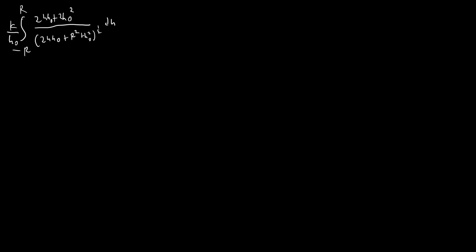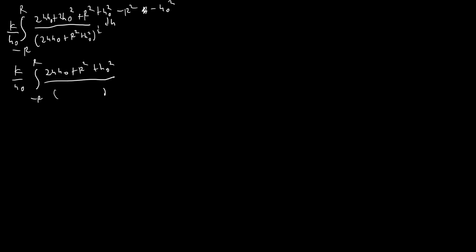I'm going to add plus r squared plus h squared, h0 squared, and then I'm going to subtract r squared minus h0 squared, right? And so the reason for all of this is now we can split this into two integrals. We end up with k over h0, integral from negative r to r, 2h h0 plus r squared plus h0 squared, plus that same thing all to the 1/2 dh, right?